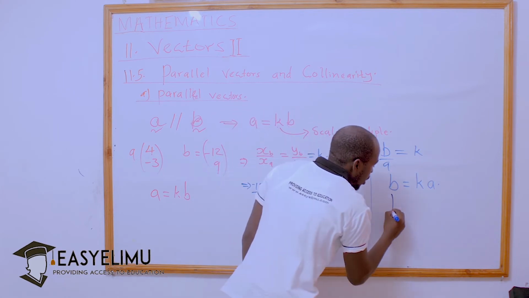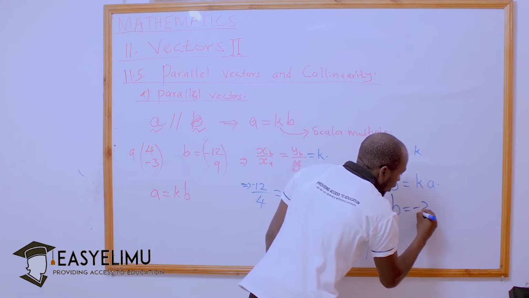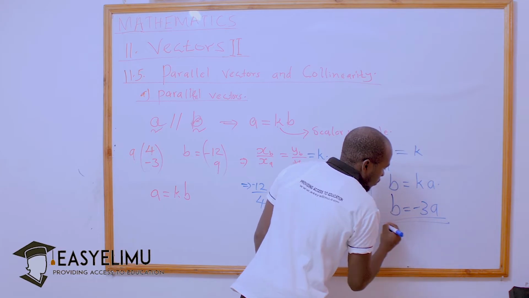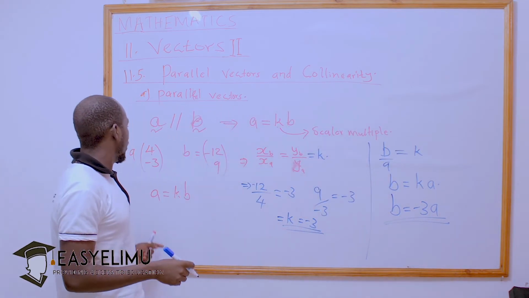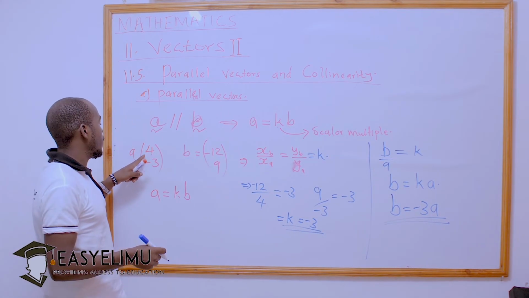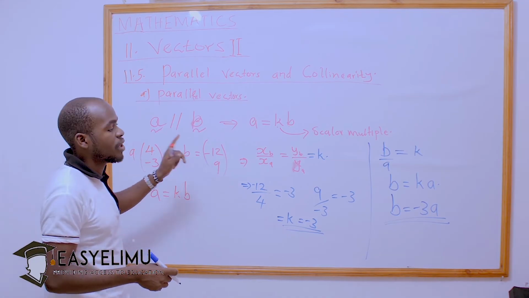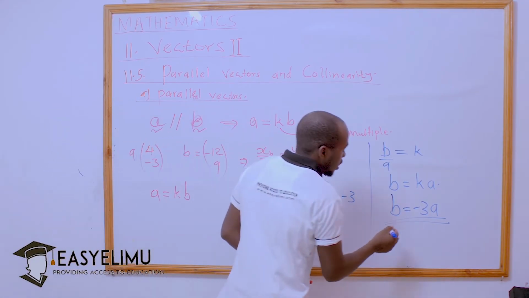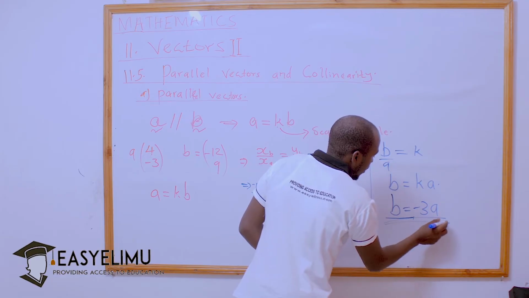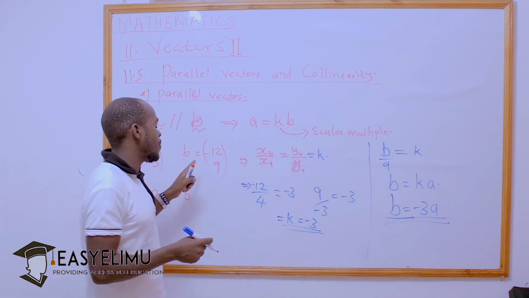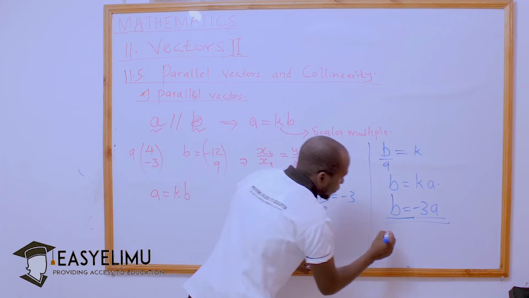So B is equal to -3A. If you take -3 and multiply by A, you will get B. This means the two vectors are parallel. Actually, A and B are parallel.